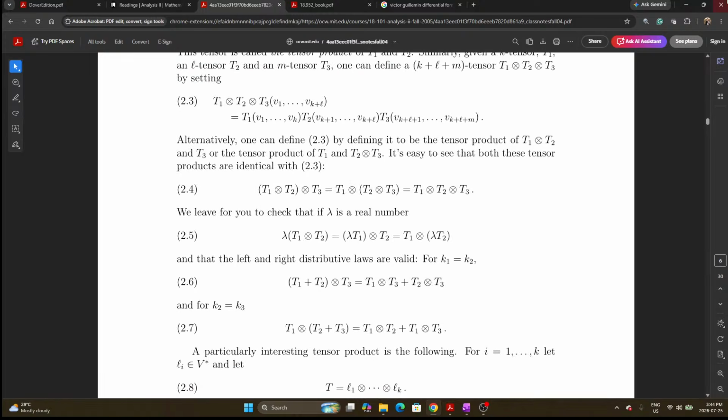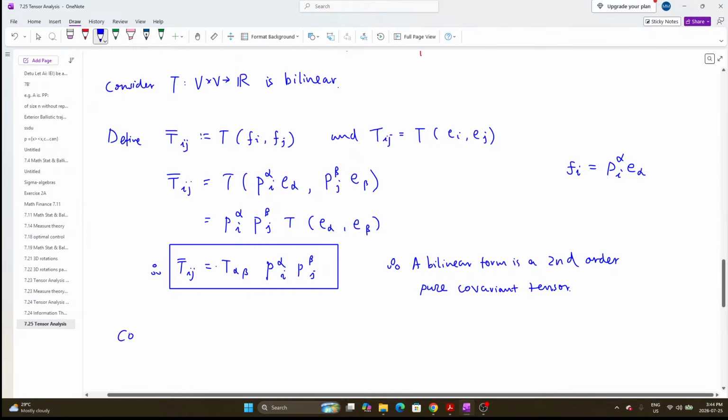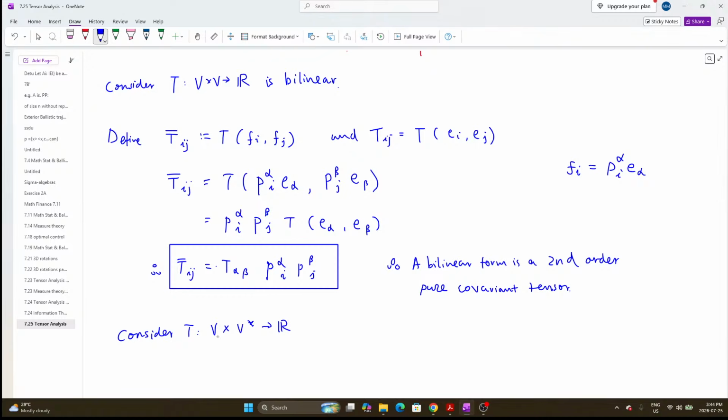Okay, let's see an example for that. Let's say you consider T, which is from V times V star to R. This is bilinear. So it takes a vector and a linear form, a linear functional, and returns a real.